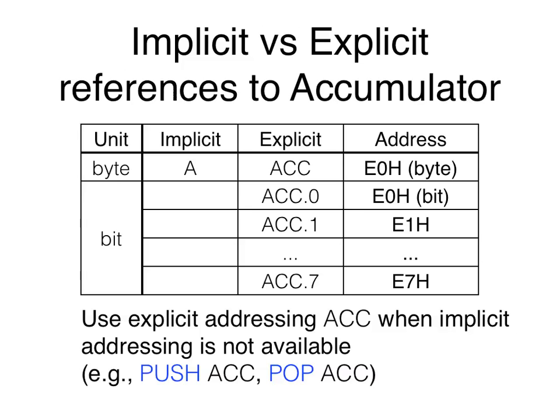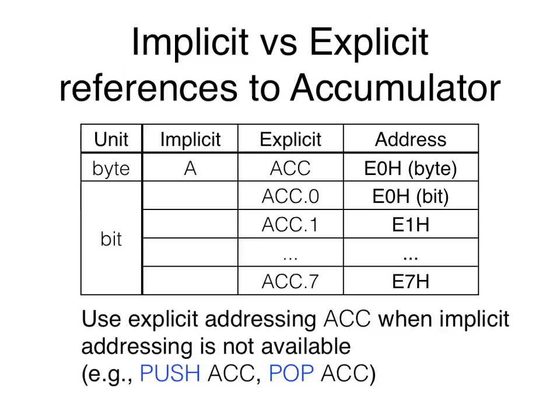Right. So again, just to see how it's related, the accumulator itself, A, turns out to be bit addressable as well. So you remember A. If you see A, that's implicit addressing, that means part of the opcode. If you see ACC, that refers to the address of A, and that's at E0.